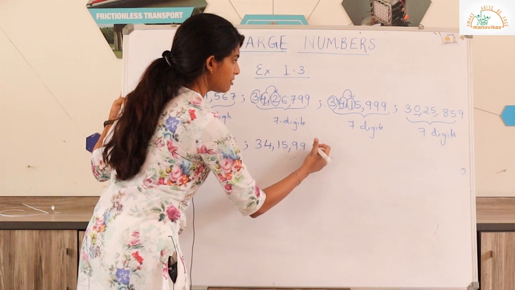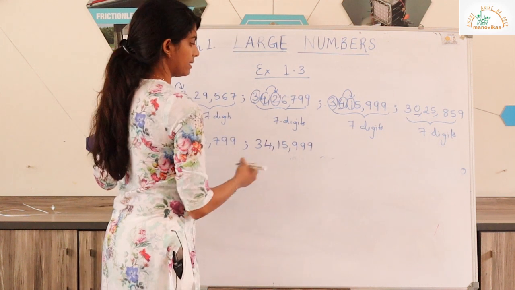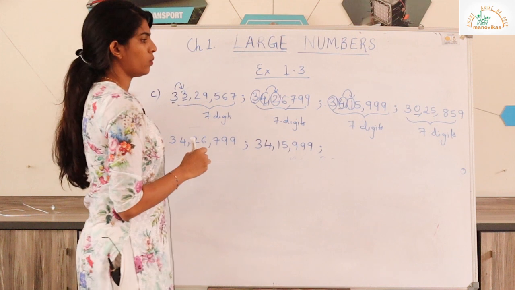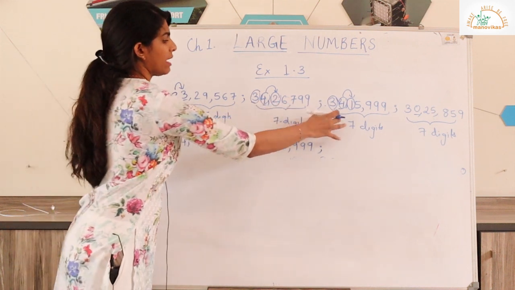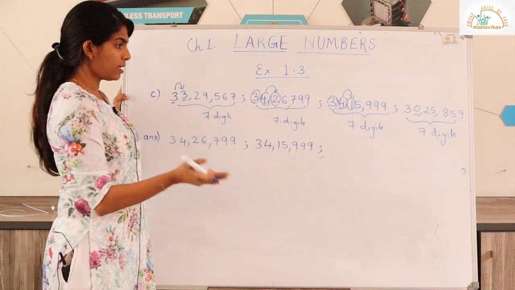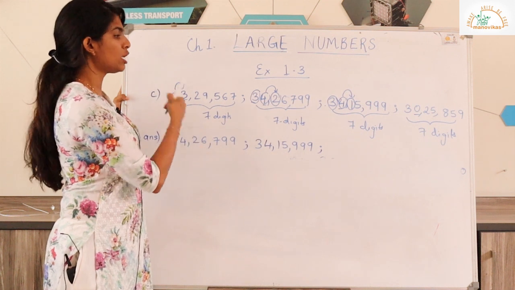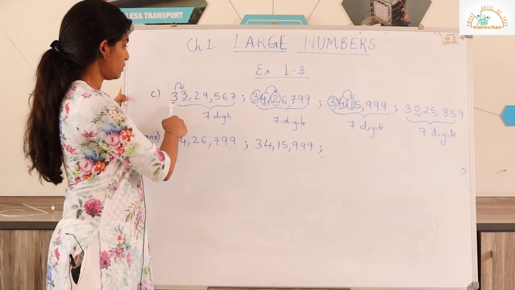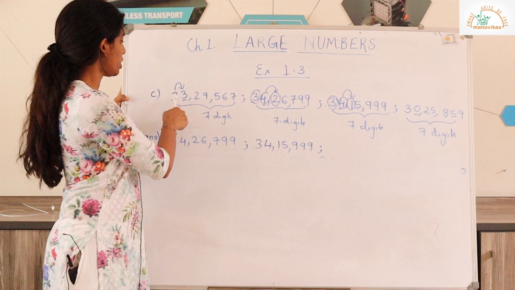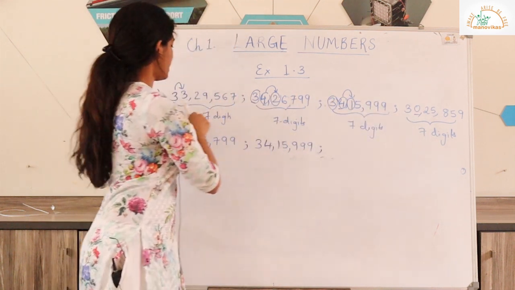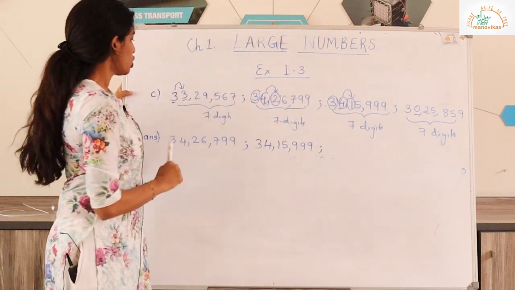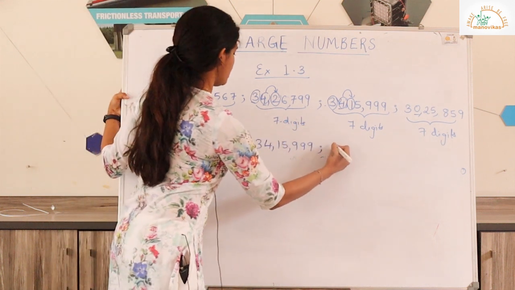So 34 lakh 15,999. Now, these two numbers are done. Next, let's see which is the next bigger number. Okay, smaller number. So here we see 33 and 30. So this will come first.